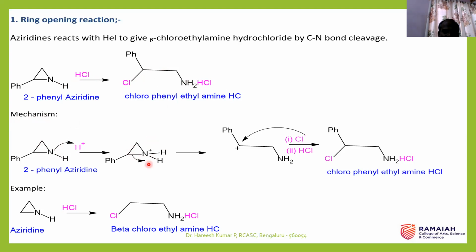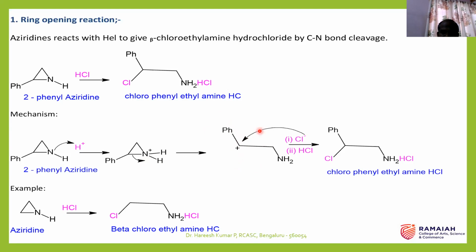This particular bond is cleaved. Why is this bond cleaving? Because the carbocation formed is the more stable one, because it's a benzylic cation. This is phenyl, no? That is the reason it's called a benzylic cation. Benzylic cations are more stable because they are stabilized by resonance.